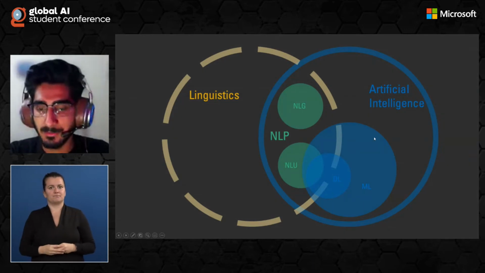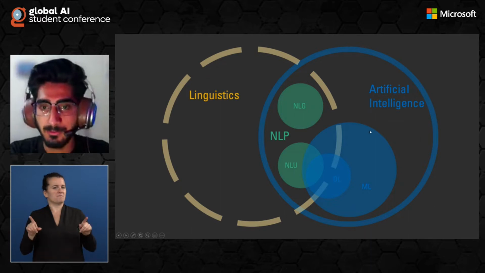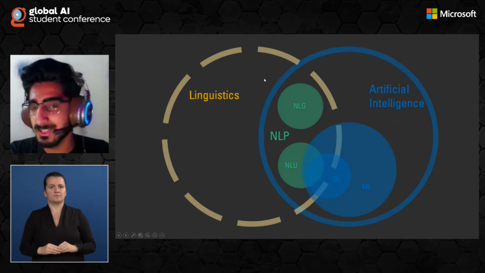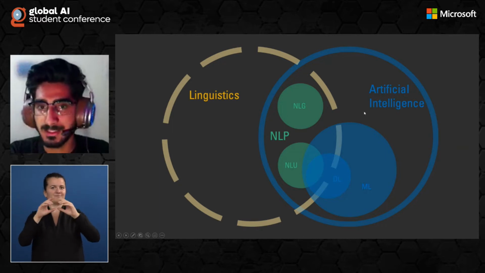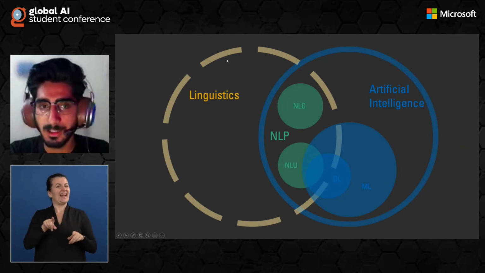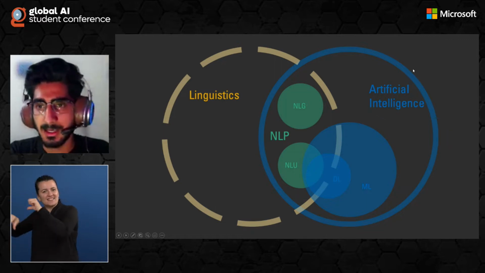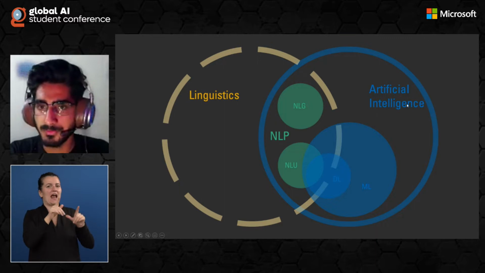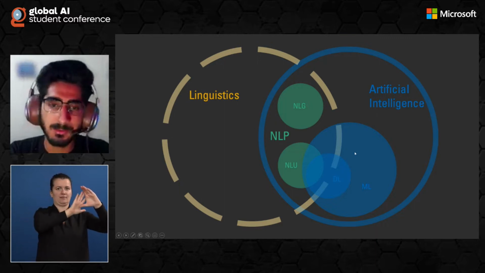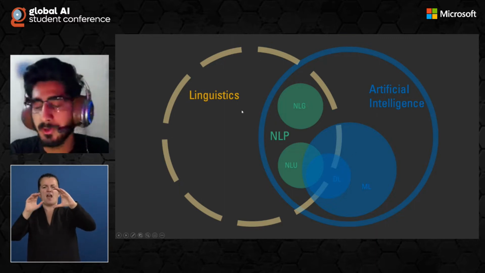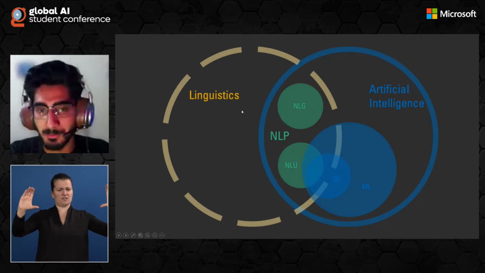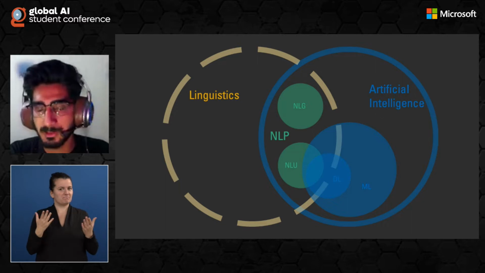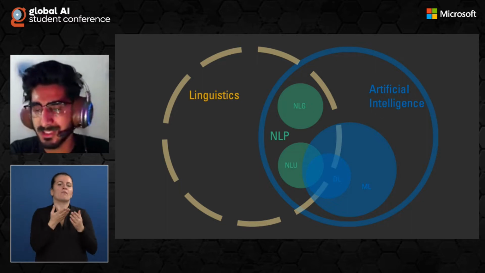This is like the Venn diagram of NLP, where NLP lies. You can see that just like data science, a lot of the space is being covered by linguistics, and NLP lies somewhere in between artificial intelligence and linguistics. That's because if you ever had a chance to work with NLP problems, you might have seen that a lot of these problems are not related to computer science at all.